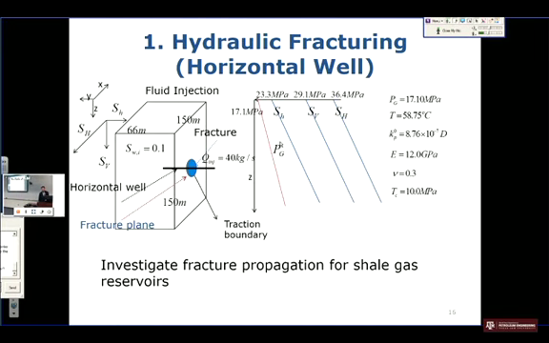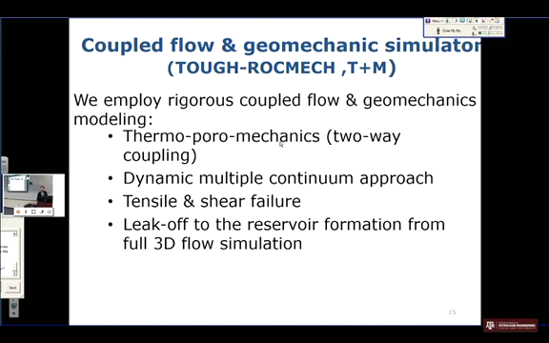When you create the fracture and put it into the flow model, the fracture has thin dimensions. The grids in the flow model, how do you know how to set the grids in the flow model? Very good question. That is actually related to the dynamic multiple continuum approach. So we have a single continuum, then we have a failure, then we generate the two continua, like a flow, matrix, and the fracture medium.